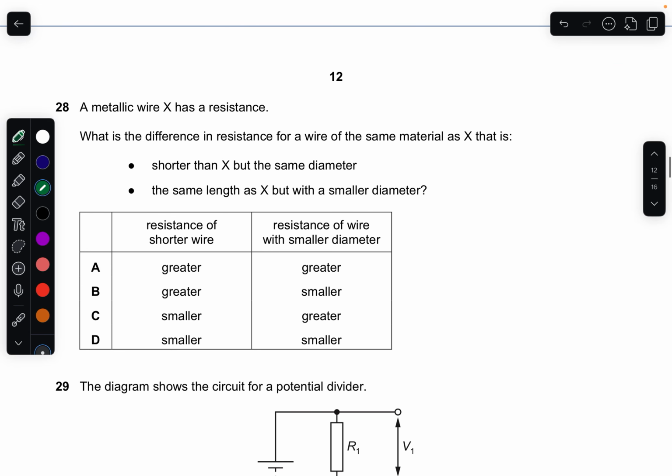A metallic wire X has a resistance. What is the difference in resistance for a wire of the same material as X that is shorter in length but has the same diameter, and one with the same length as X but a smaller diameter?